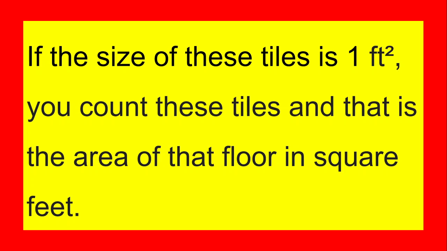The number of tiles on this floor is the area of that floor, because tiles are covering that area, and we know the size of the tile, which is 1 square feet. So say if there are 50 tiles, the area of the floor is 50 square feet.